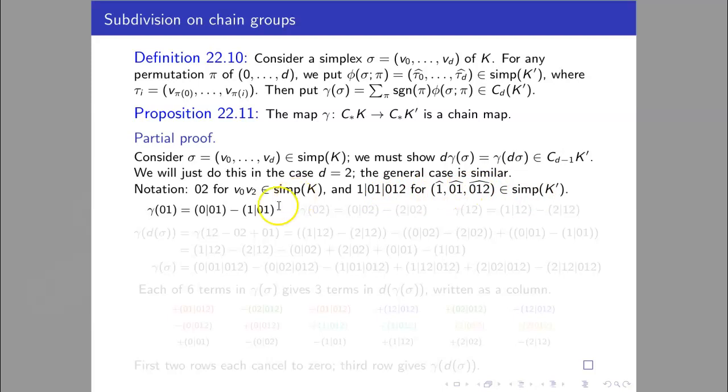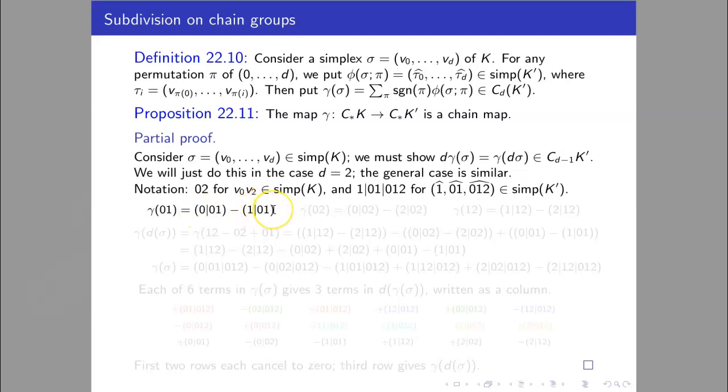Okay, so what's gamma 0, 1? Okay, so you have to follow this kind of prescription up here. You get 2 terms, there's 2 permutations of 0, 1. So here, this is one where we introduce the 0 first and then the 1. This is where we introduce the 1 first and then the 0. Introduce 0 first and then 1, that's just the identity permutation, the plus.